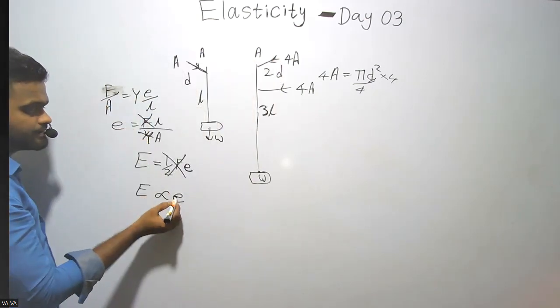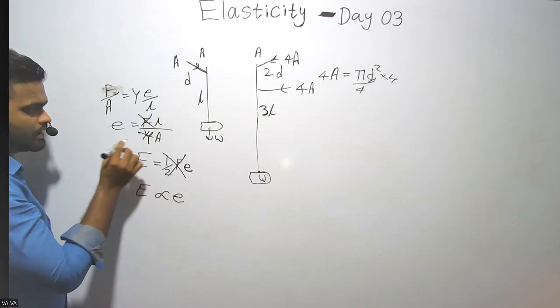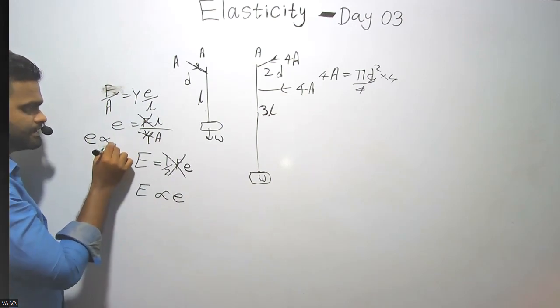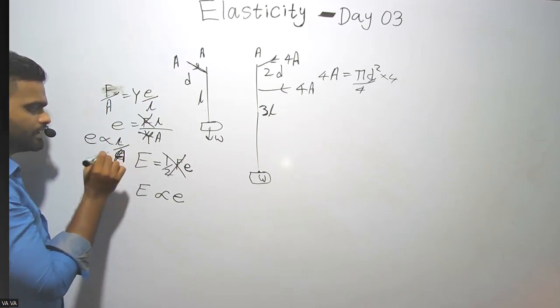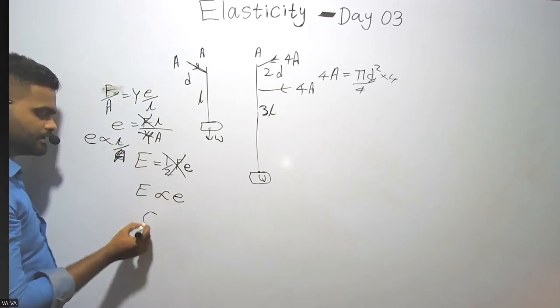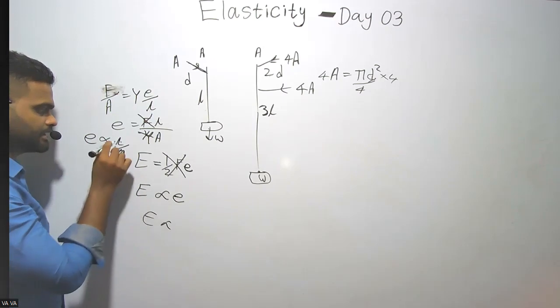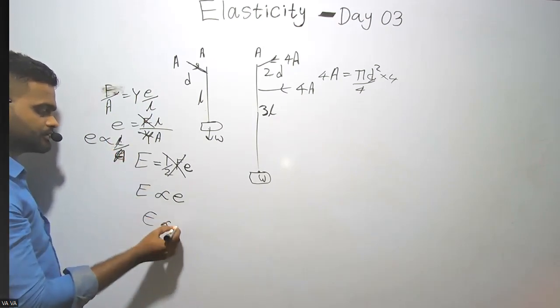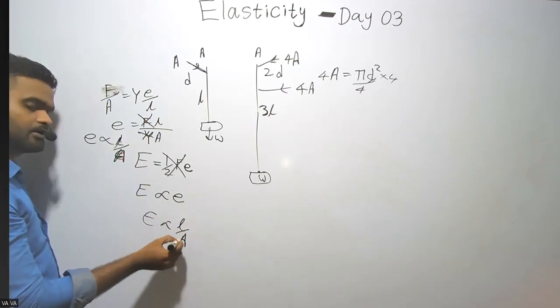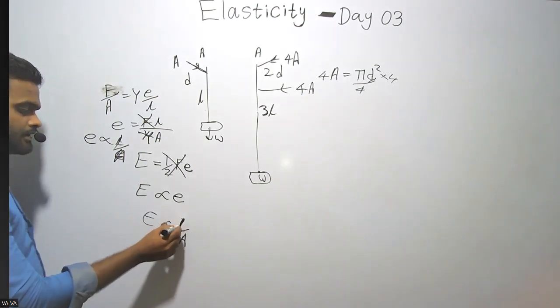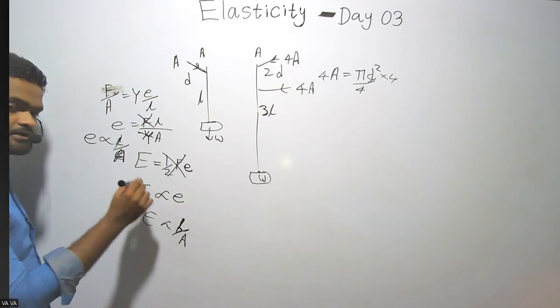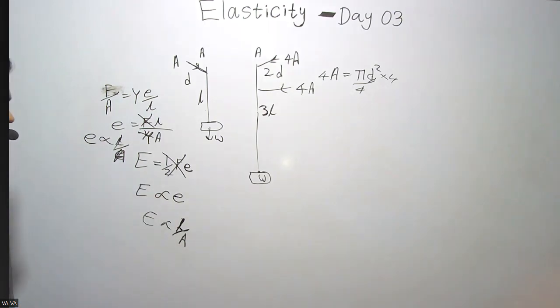So extension is proportional to length divided by cross section. This is the proportionality we are going to use.